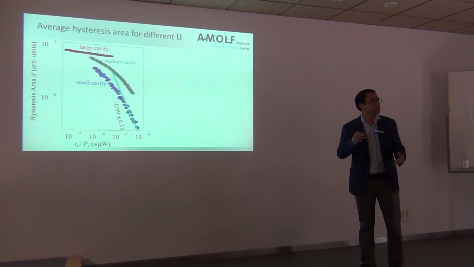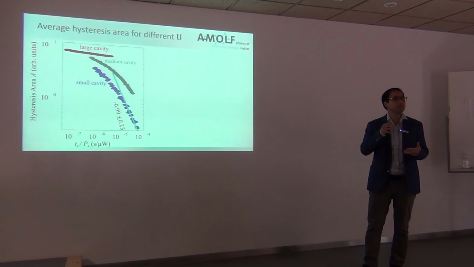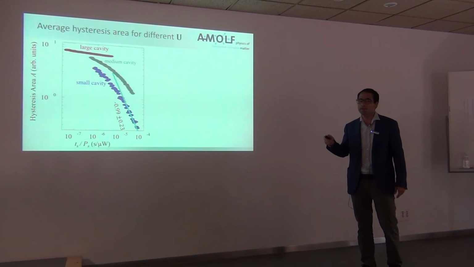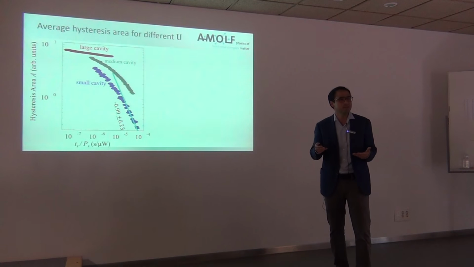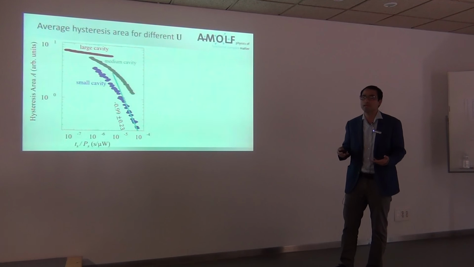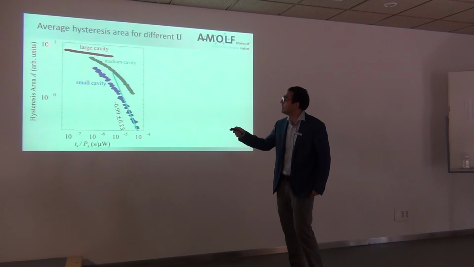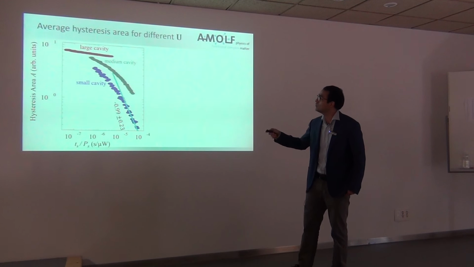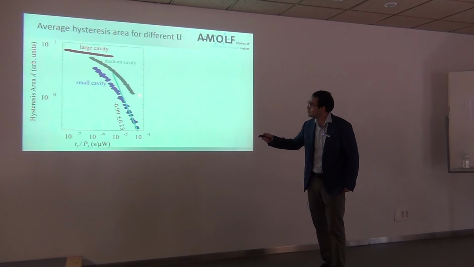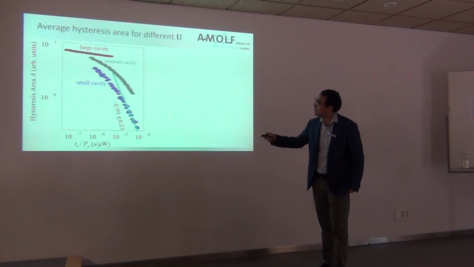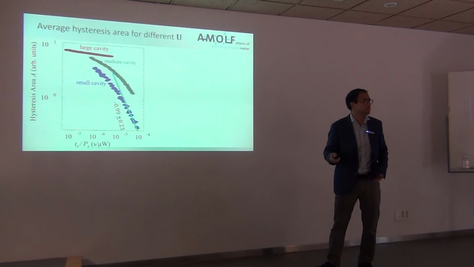In this case, the three cavities are probed at the same laser cavity detuning. Yeah? So mean field theory would predict exactly the same behavior for the three cavities. So for a large cavity, the area is constant with the inverse velocity. For a medium cavity, you start to see this behavior. And for a small cavity, you see this -1 power law that was predicted.